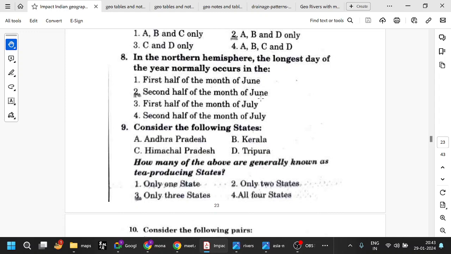Equinox occurs on March 21st, and again September 23rd. Those are four important dates which everyone has to remember. Just find on Google or something, write down those dates and remember them. They are very important. Frequently questions are asked. So summer solstice is June 21st.